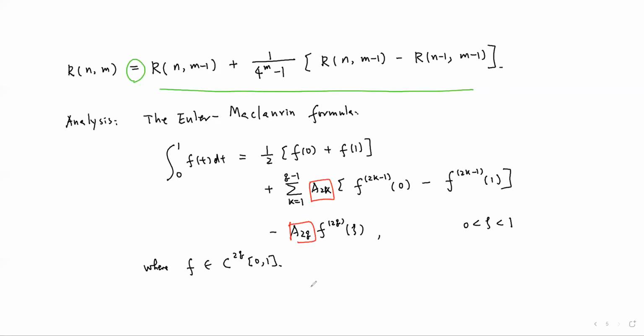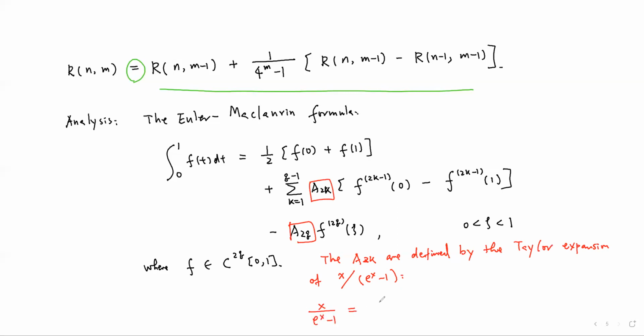Now what is a_{2k}? They are constants, defined by the Taylor expansion of the function x over e^x minus 1.